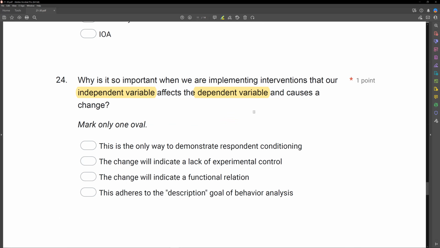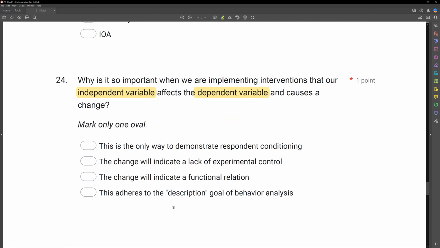Well, no. We're exercising experimental control, right? So if we look at C, the change will indicate a functional relation. Yes, we want a functional relationship between our interventions, our IVs, and the behaviors or the DVs. So if our independent variable affects the dependent variable, causes a change, we are now looking at a potential functional relation, which is what we want to see.